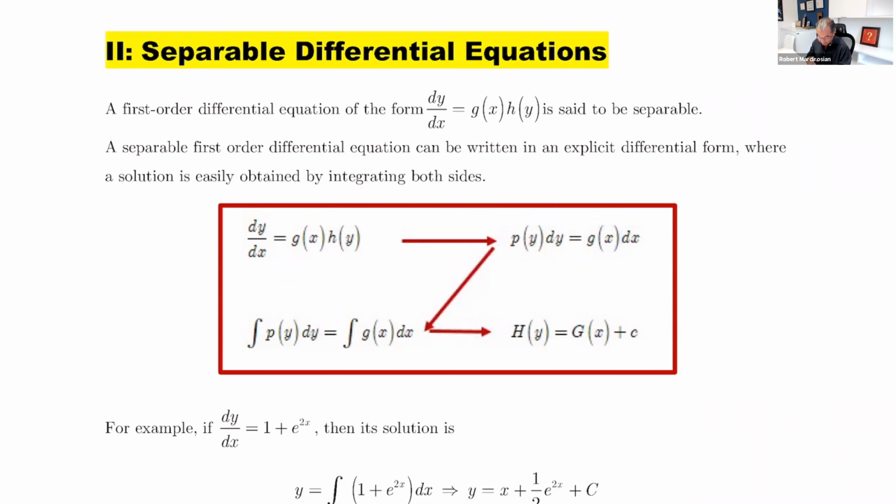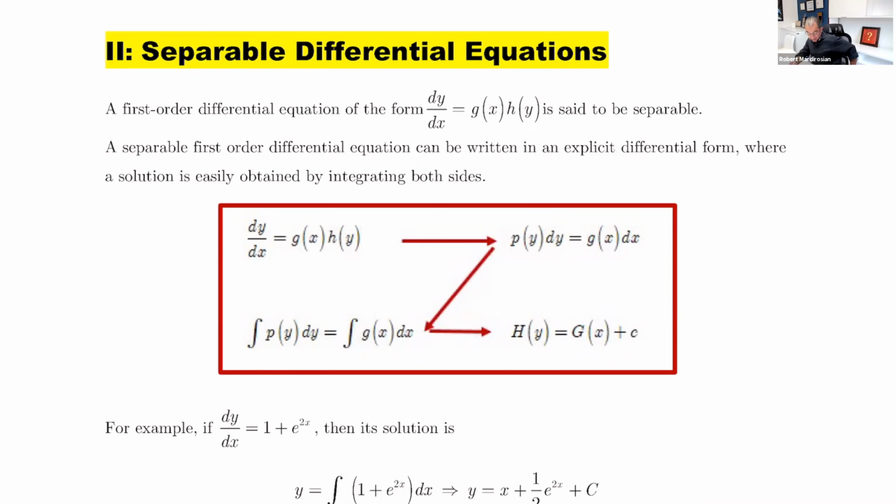And then you just take the integral of both sides. So you find the integral of p of y, you can call that h of y, and that equals the integral of g of x, which is capital G of x, plus c. Then you can isolate y if needed.